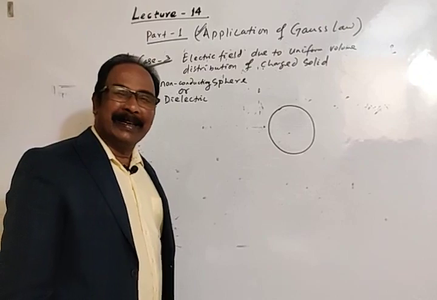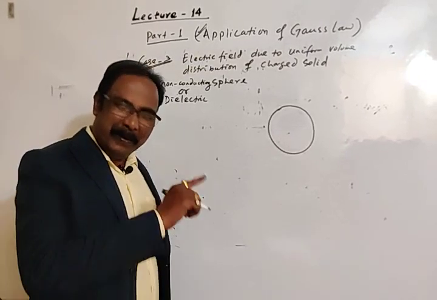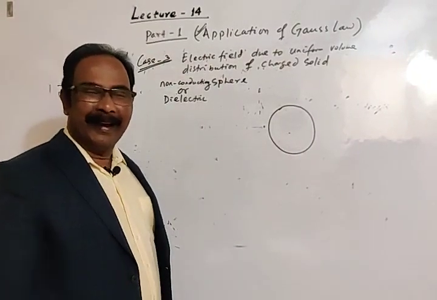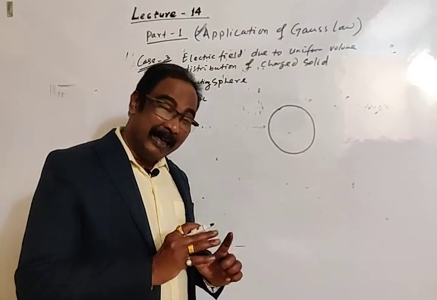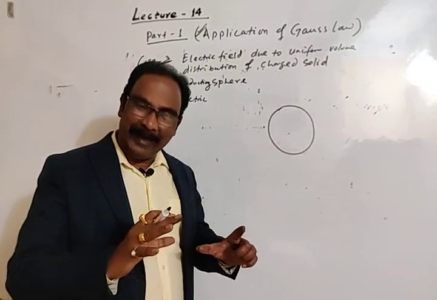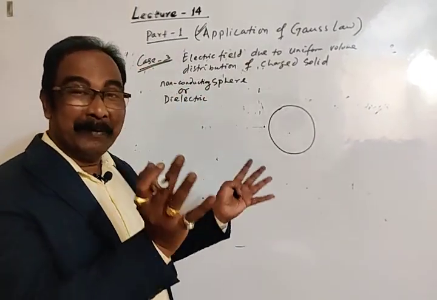If charge is given to a solid conductor, as we have discussed, no charge will remain inside the solid conducting sphere, because the charges will move in all random directions due to mutual repulsion, and finally they will appear on the surface.